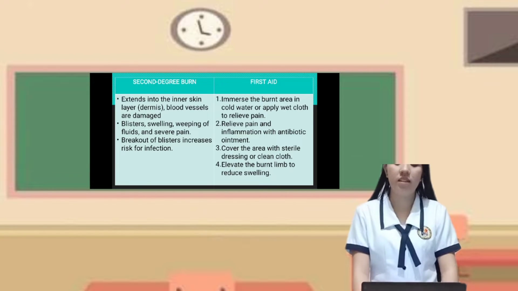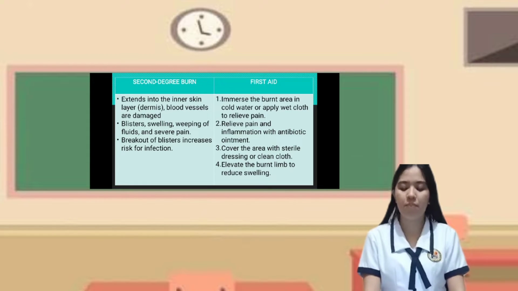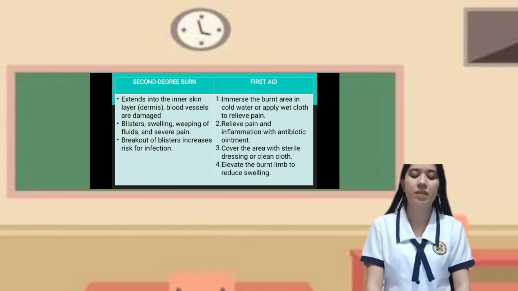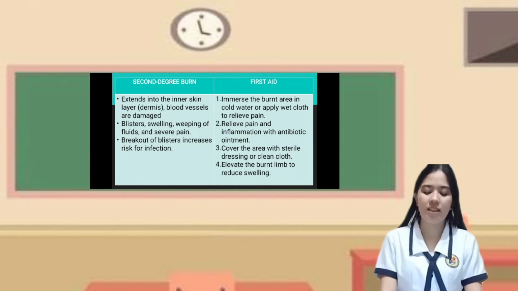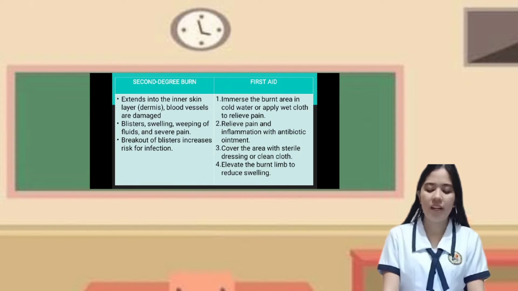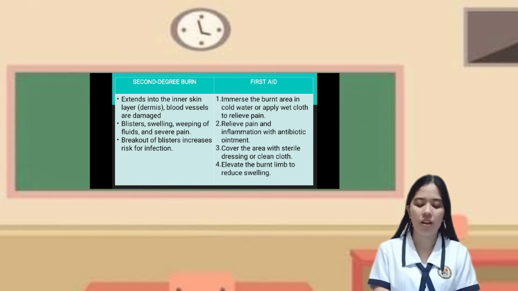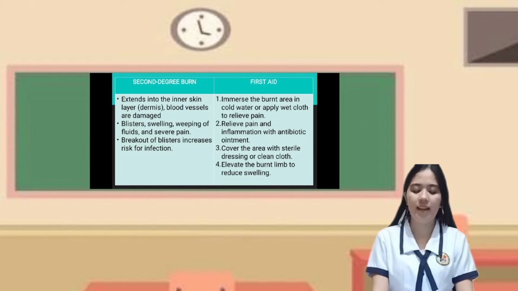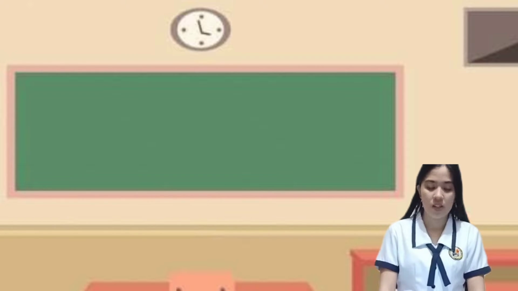So the first aid is immerse the burnt area in cold water or apply wet cloth to relieve pain. Number 2, relieve pain and inflammation with antibiotic ointment. Number 3, cover the area with sterile dressing or clean cloth. Number 4, elevate the burnt limb to reduce swelling.